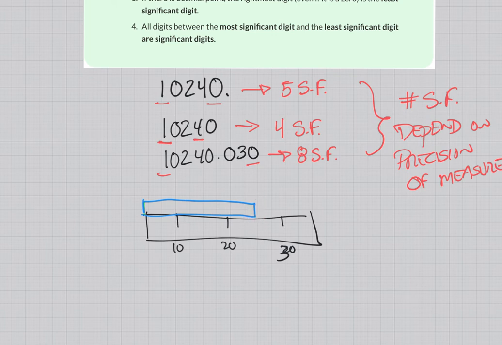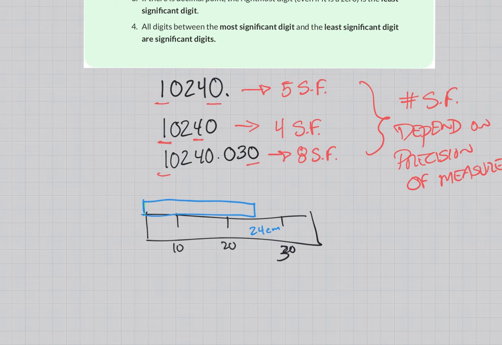We can say it's somewhere between 20 and 30, and so maybe our estimate would be 24 centimeters, okay? We're definitely significant with 20. We know that for certain, but 4 is kind of a guess, right? And so that kind of shows us what our guess is, where we only have 2 significant figures.